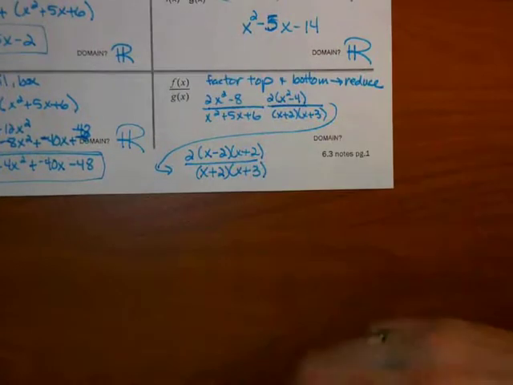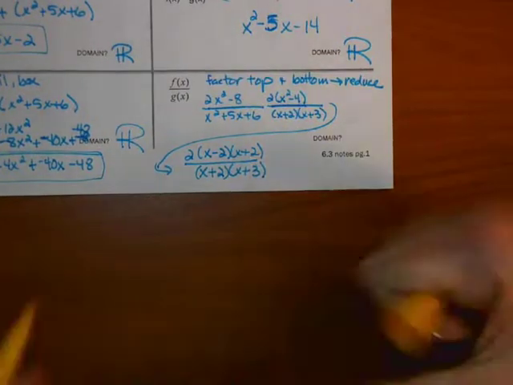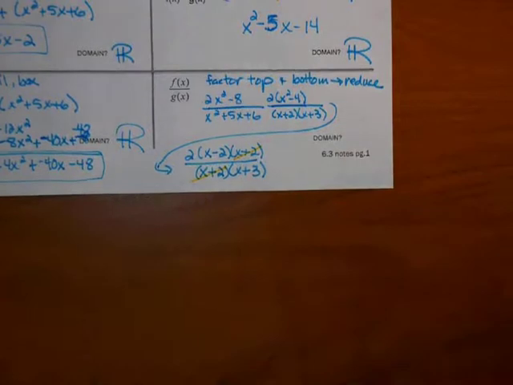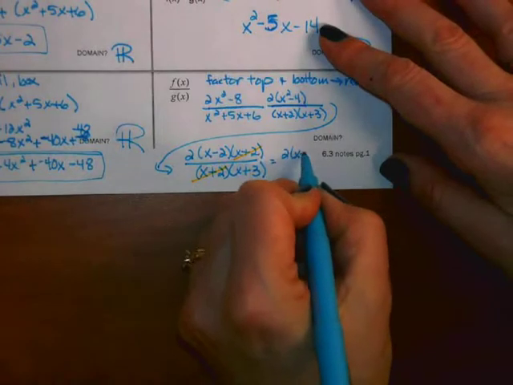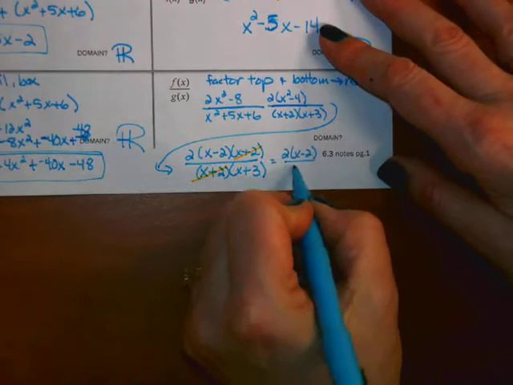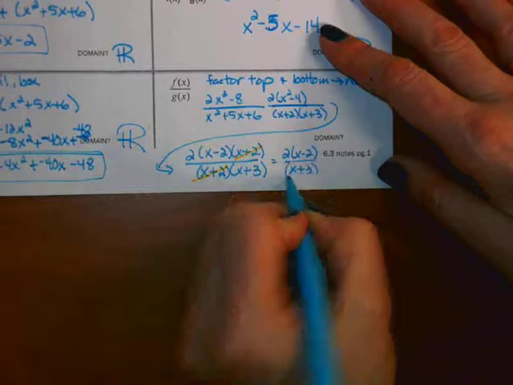Now look what you get to do. These cancel out. And then you're done. You get 2 times x minus 2, over x plus 3.